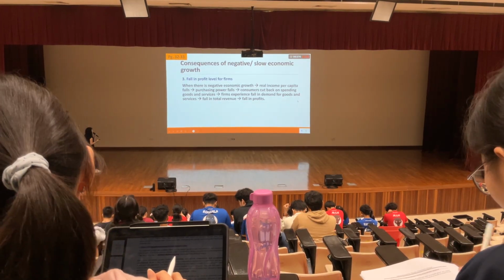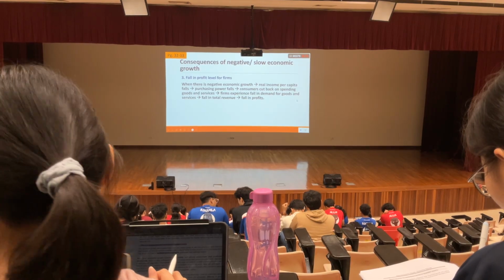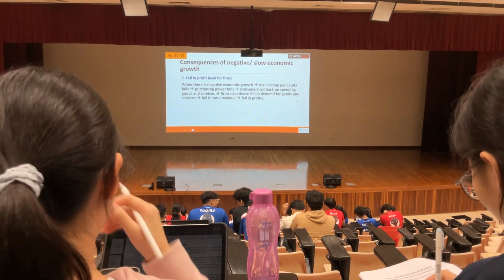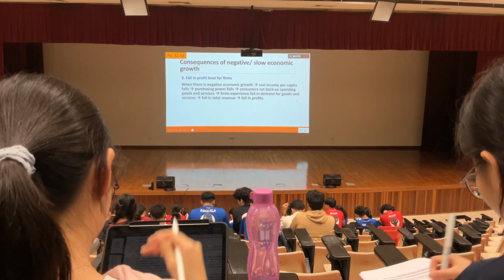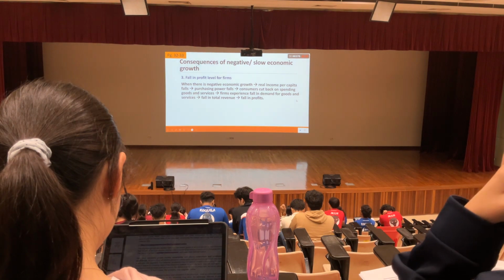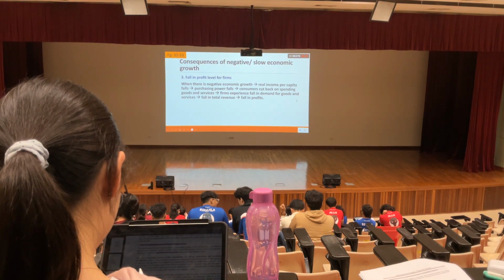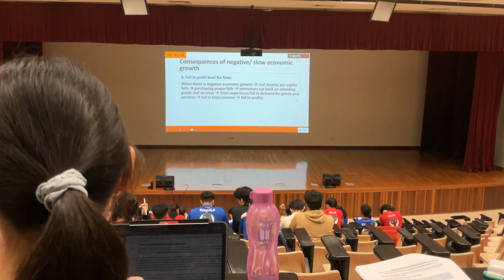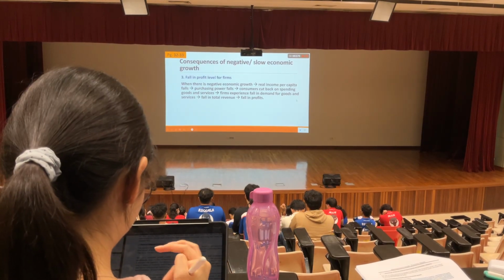Okay, so next, there will be a fall in profit level for firms. When there is negative economic growth, your economy is slowing down and real income per capita falls. So when your purchasing power falls, consumers will cut back on spending on goods and services.